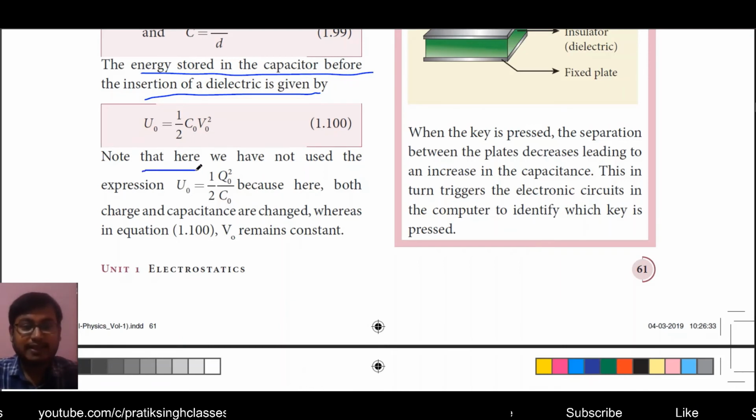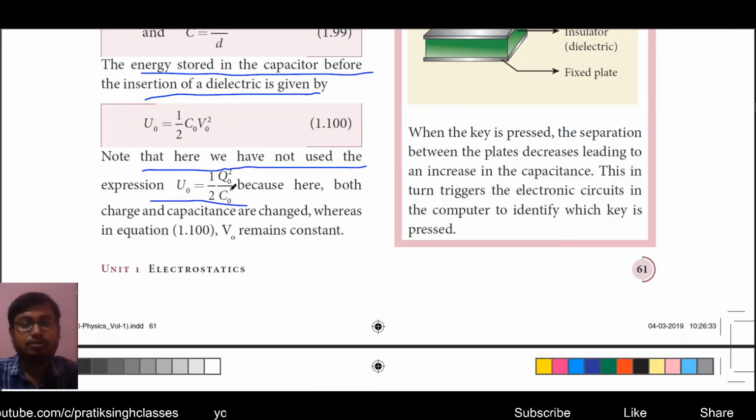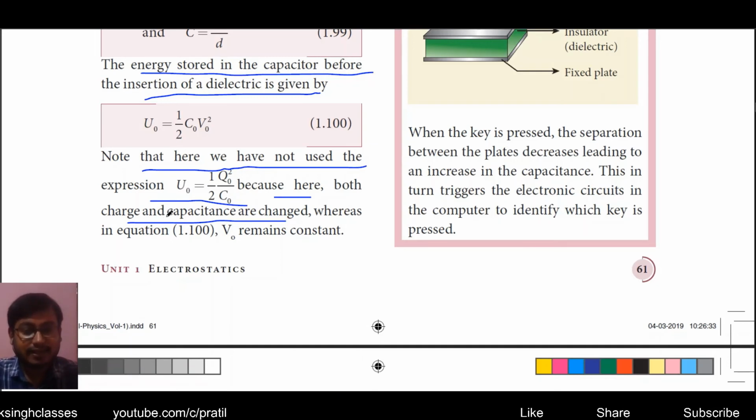Note that here we have not used the expression U naught is equal to half into Q naught square by C naught, because here the battery is also connected to the plates of the capacitor, whereas in equation 1.100 V naught remains constant.